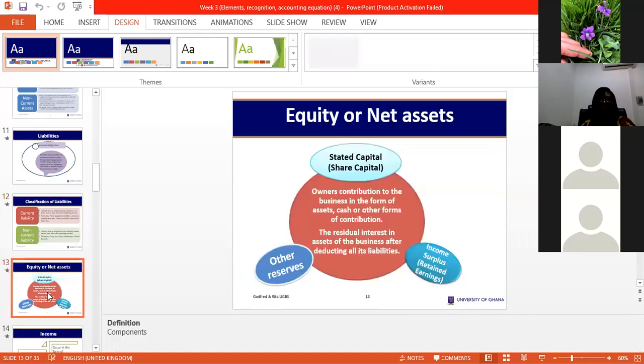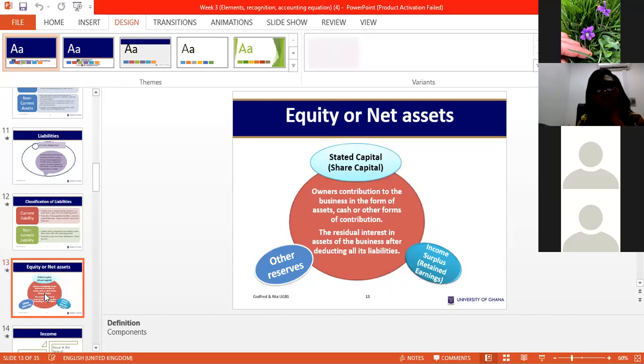Now, the third item is equity or net assets. Now, in business, it is somebody who must make the business functional. Once you have registered the business as a separate legal entity, you must note that that business cannot function unless somebody contributes. So let's assume that group 7, account 7 is the business name.